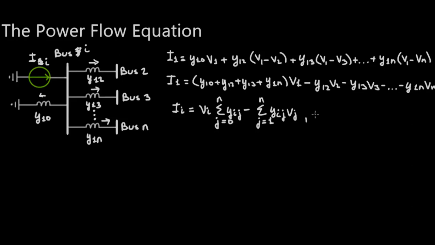Of course, j cannot be equal to i. Here I call bus i this bus, and the other buses would be 1, 2, 3, 4, 5 through n. And so I get this general expression for Ii.